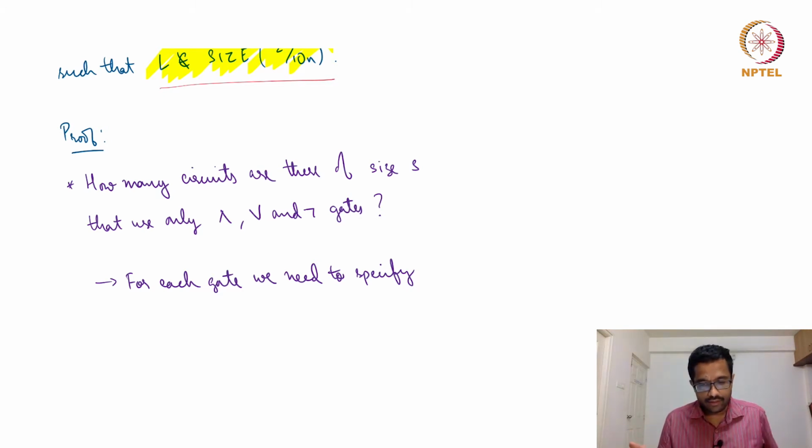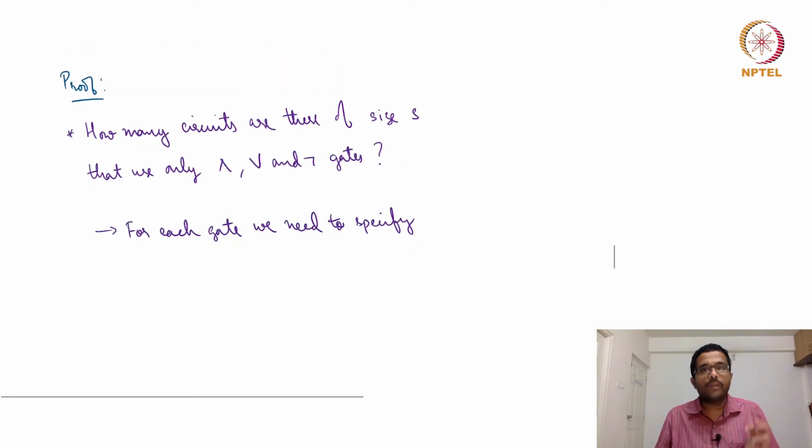If the size is small enough, then it is not enough to even enumerate all the functions. So unless size is big, you cannot possibly compute all the functions. Let us see the full proof.